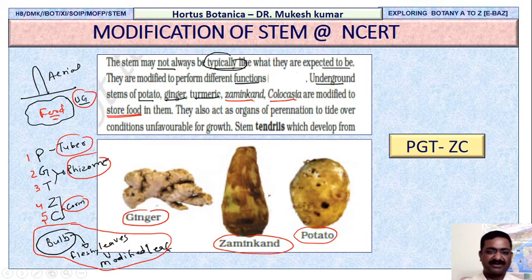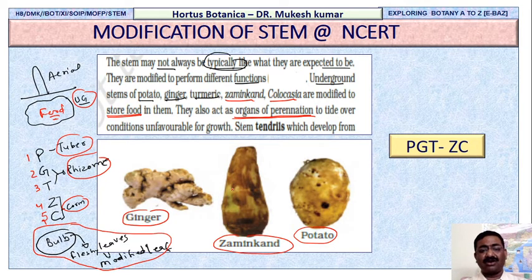Second important point: they act as organs of perennation. It means they are facing unfavorable conditions. As mentioned at the start, this is not a typical stem. Typically, a stem should be aerial, but these are underground. So they are not facing favorable conditions, rather adverse conditions.